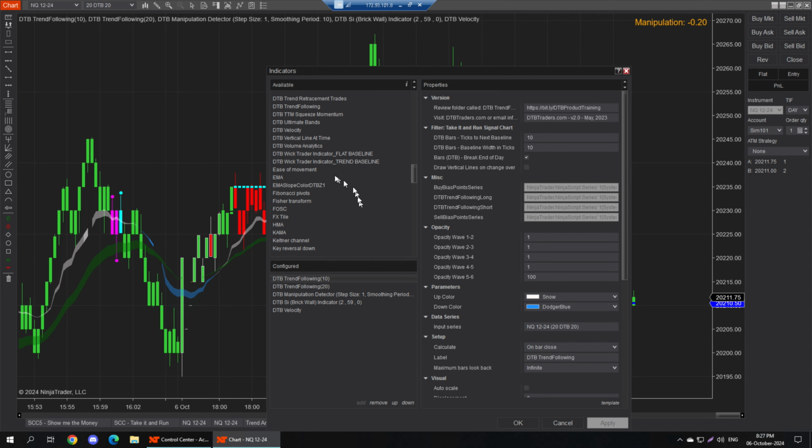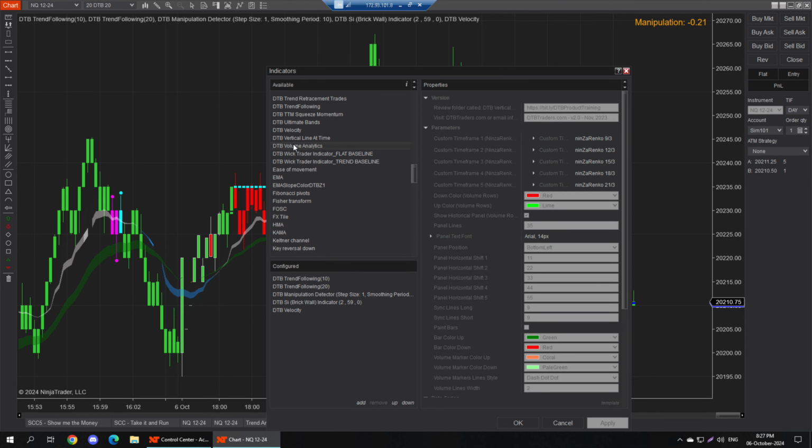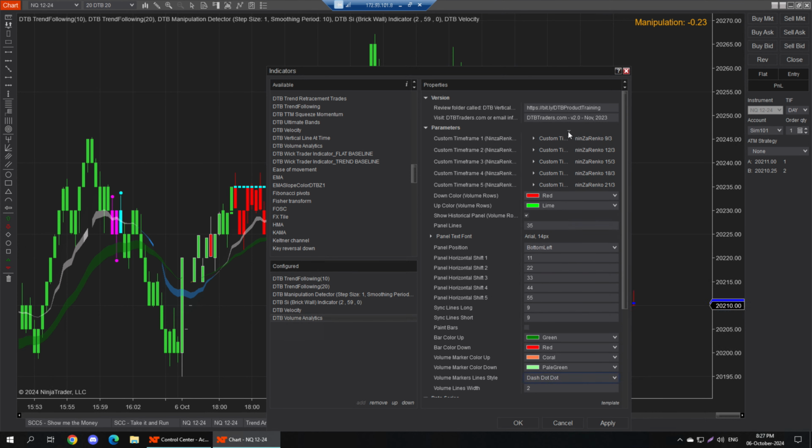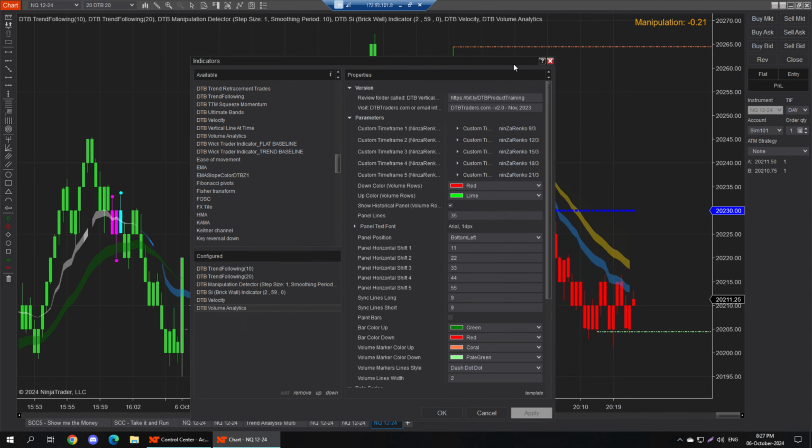So if I go to the DTB volume analytics, now remember, this is actually incorporating NinjaTrader bars. Now, there's one small thing I like about the NinjaTrader, it's basically giving me a different reading depending on where price is on the bar.